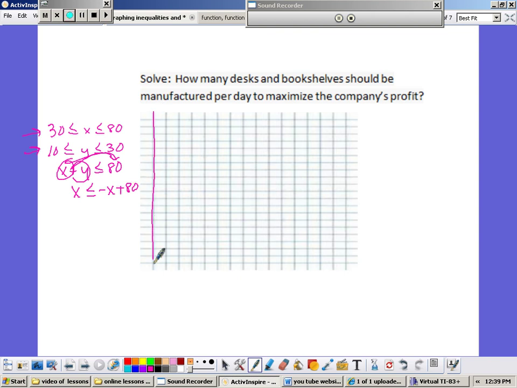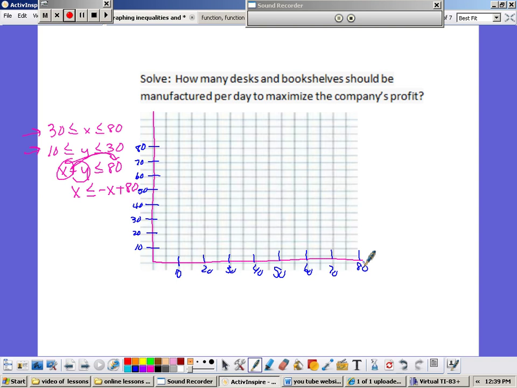I'm still going to do an L chart. 10, 20, 30, 40, 50, 60, 70, 80 on both axes.